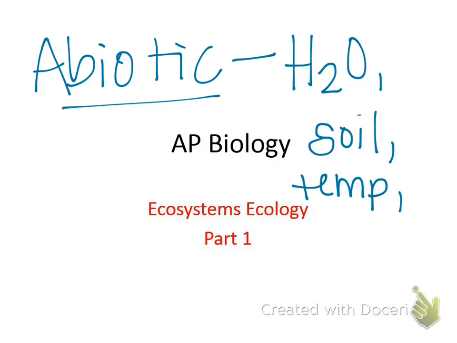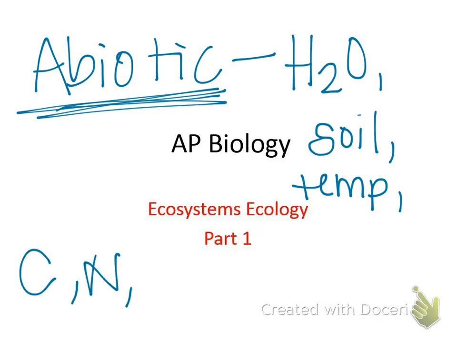The temperature for the different seasons, the amount of rainfall, such like that. Soil conditions can affect plant growth. Yeah, absolutely. The 4 different cycles, which we'll talk about tomorrow, are carbon, nitrogen, oxygen, and phosphorus. Those things all are abiotic factors that we're going to look at.